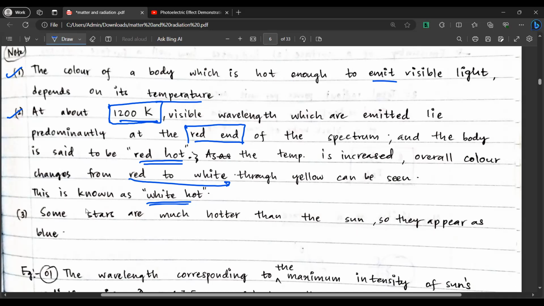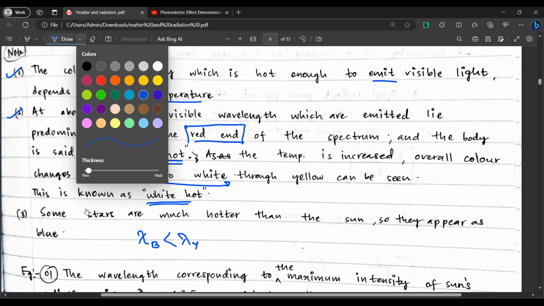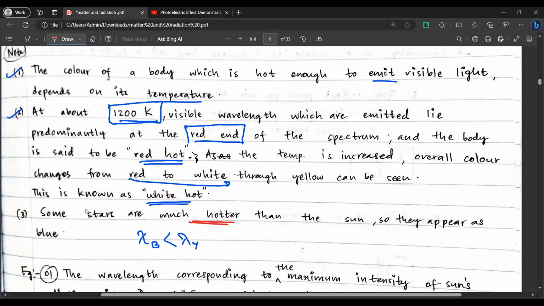So the blue color has a shorter wavelength, right? Therefore, stars are much hotter than the sun. Okay, is the idea clear?